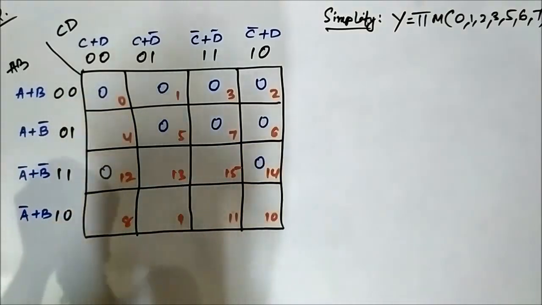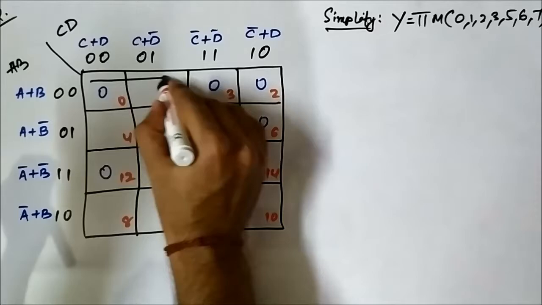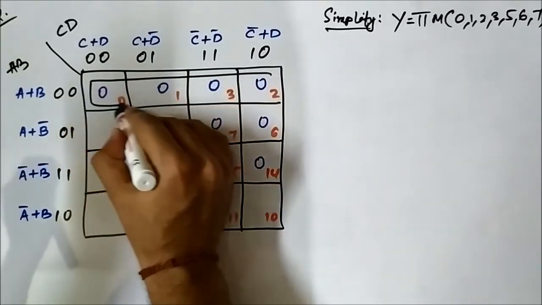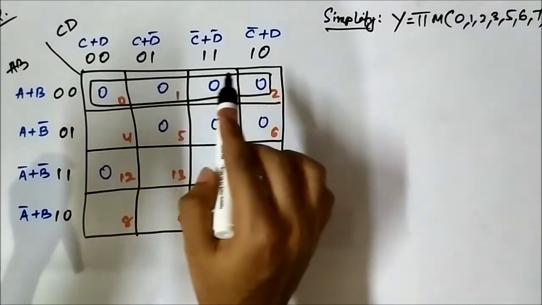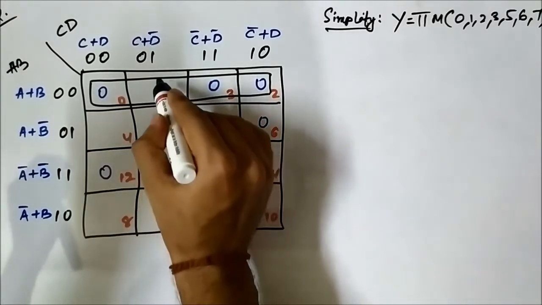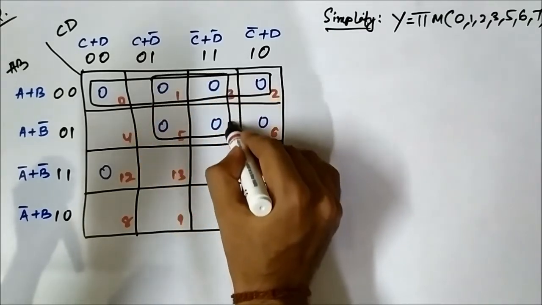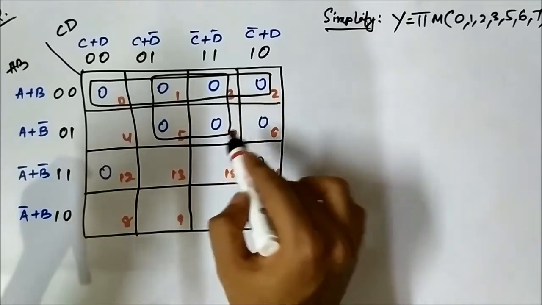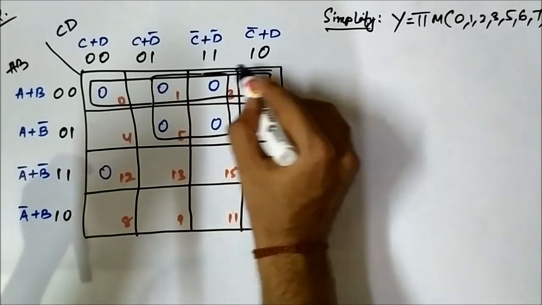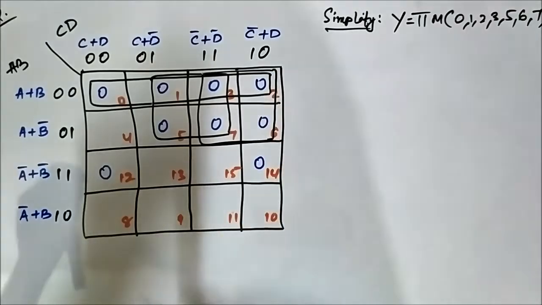So here cells 0, 1, 3, 2, we can form a quad. Then cells 1, 3, 5, 7 we can join to form another quad, and then cells 2, 3, 6 and 7 we can combine to form a third quad.